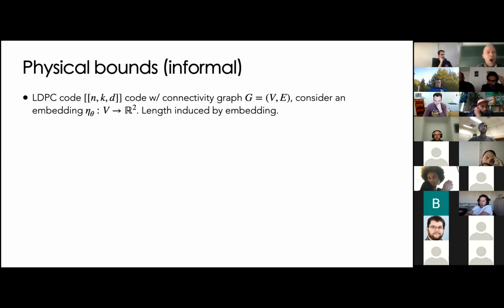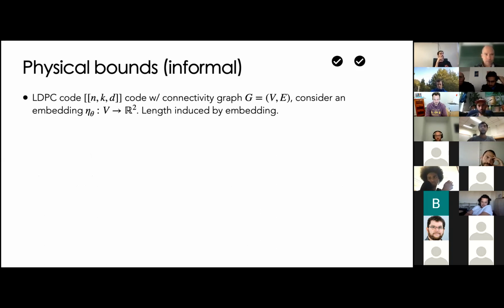Okay. So what are the bounds? They go as follows. Suppose I have an LDPC code as before and some connectivity graph G. We're interested in the following sorts of embeddings that map you from the vertices to the plane.